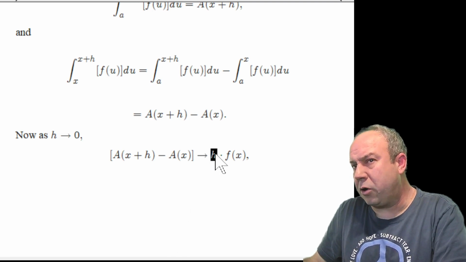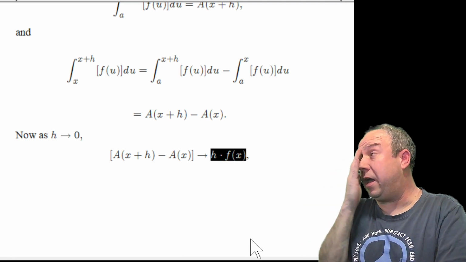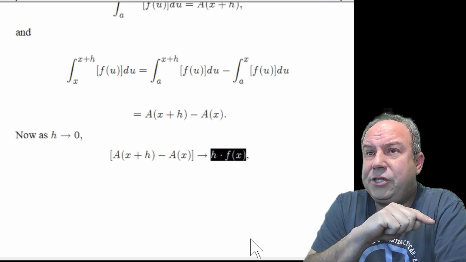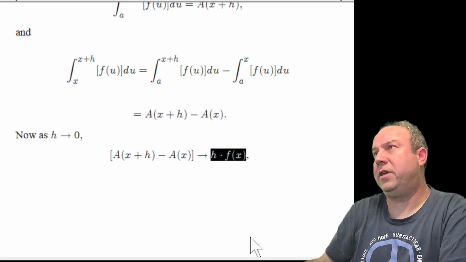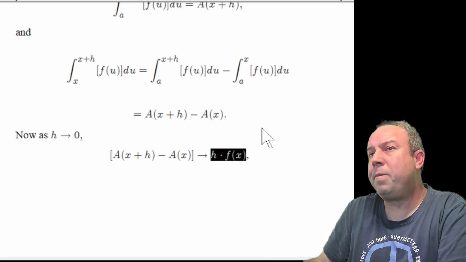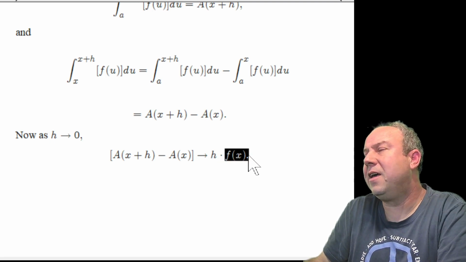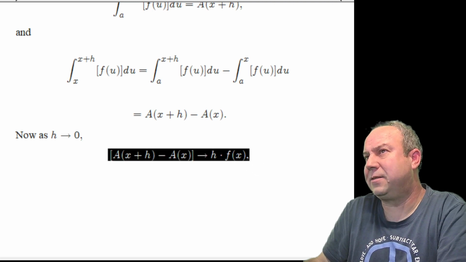What it's going to approach in value is the value of h times f of x.